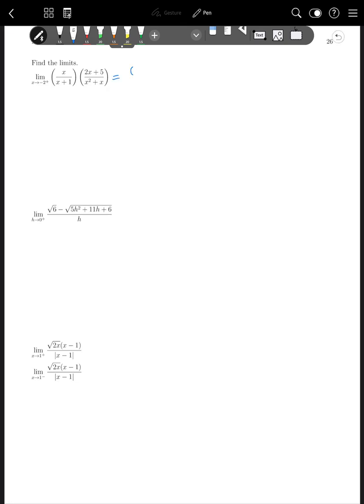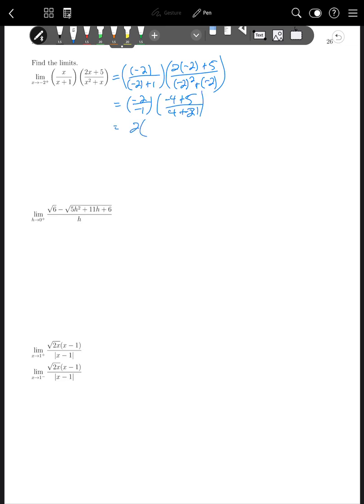So this is probably just -2 over -2 plus 1 times 2 times -2 plus 5 over -2 squared plus -2. Okay, so that's -2 over -1 times -4 plus 5 over 4 plus -2.